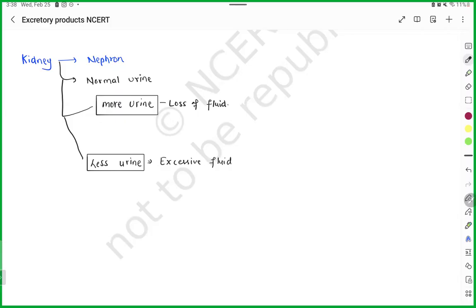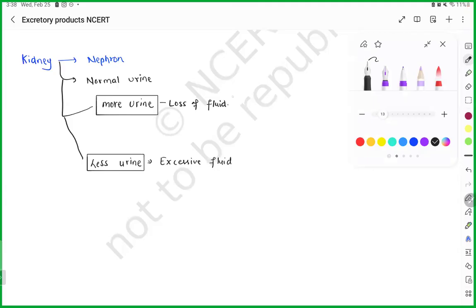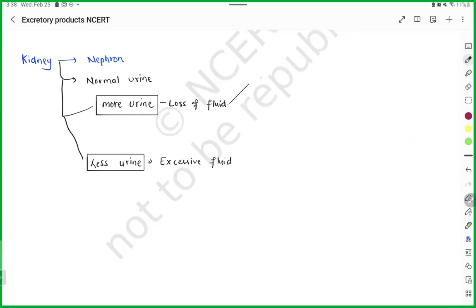If we are producing more urine, but just maybe half liter extra or 1 liter extra, in the mild condition, when there is a excessive loss of fluid, osmoreceptor, fluid receptor will get activated. When this osmoreceptor activate, then brain or hypothalamus will produce ADH or vasopressin.